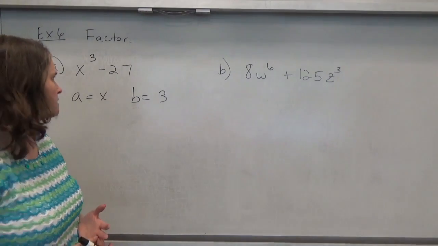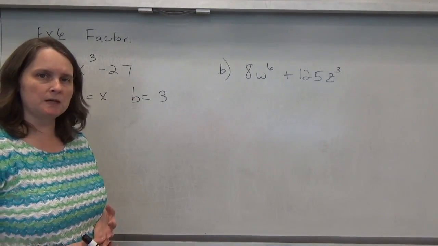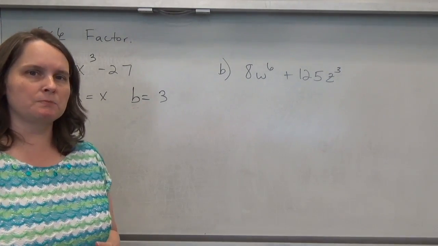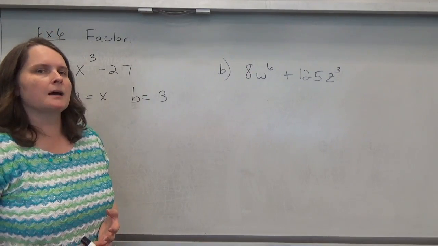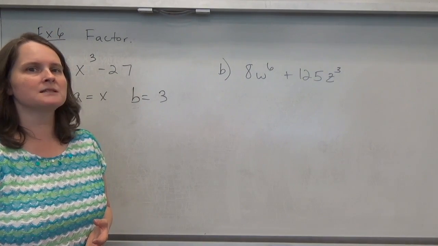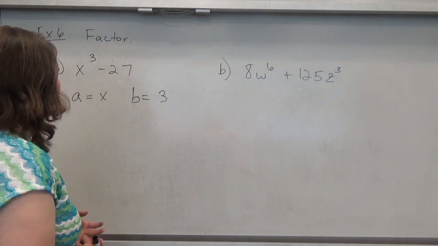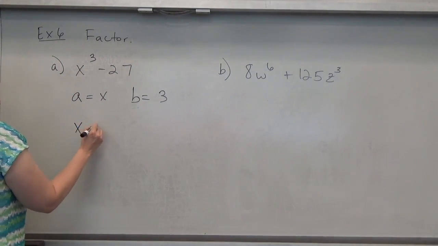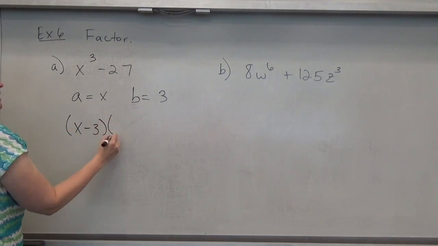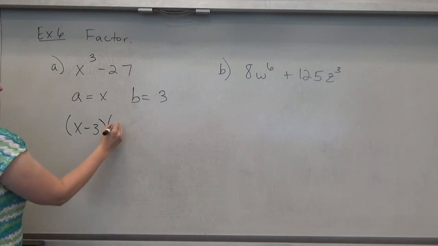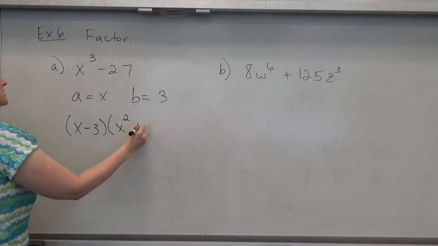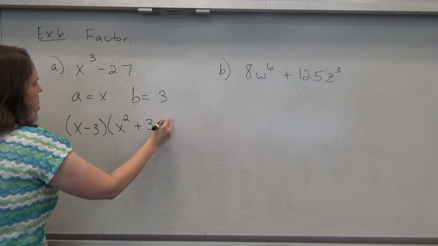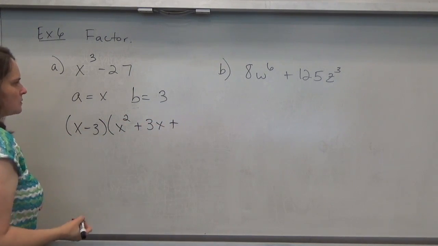The difference of cubes formula states that a cubed minus b cubed equals a minus b, parentheses, times parentheses a squared plus ab plus b squared. So using the formula, we're going to have x minus 3 in parentheses times x squared plus a times b, which is 3x, plus b squared, which is 9.